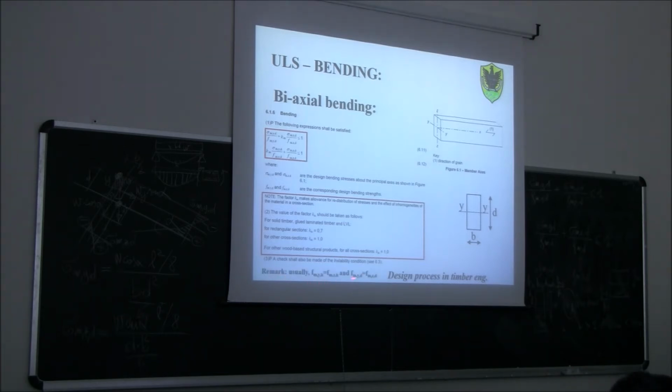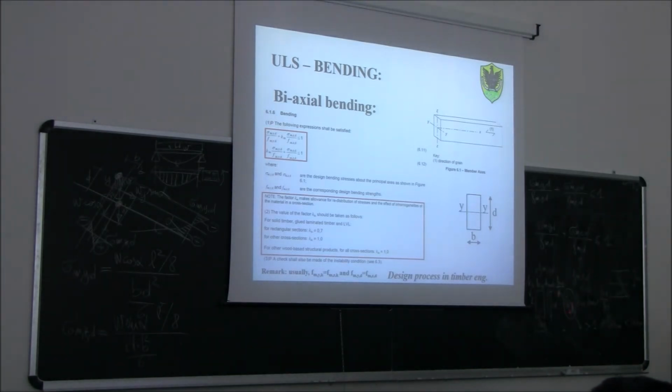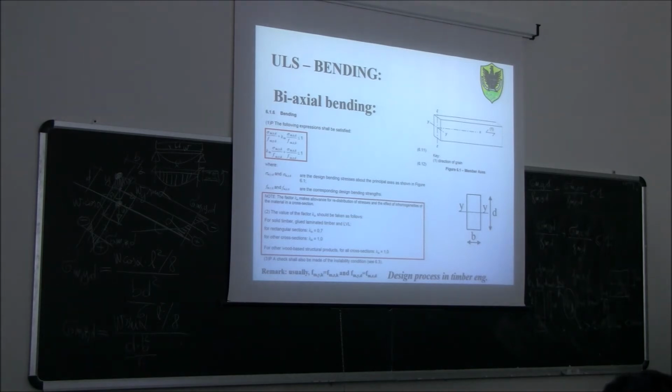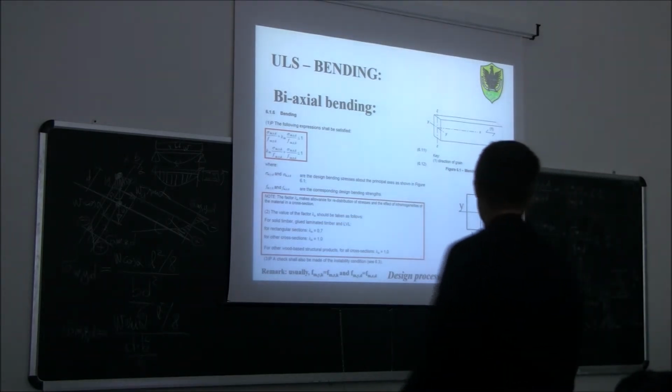As I said before, usually we have only one f_m. So f_m,y,d is the same as f_m,z,d, but theoretically it could be slightly different for the reason that I told you before. So the regulation wants to be rigorous, and for this reason it is written this way.